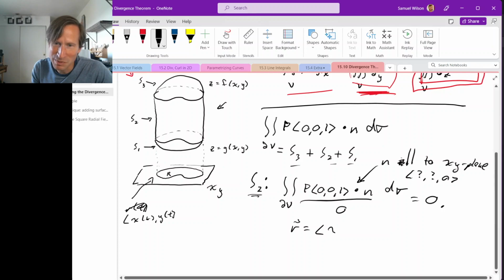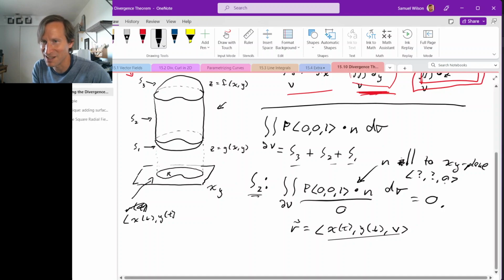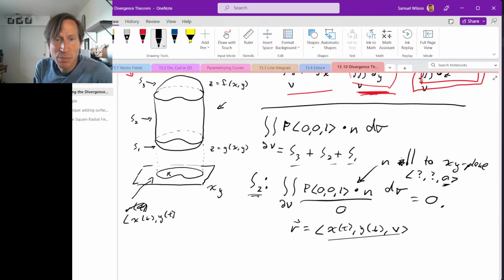The x coordinate would be x(t), the y coordinate would be y(t), and then because we need a cylinder sitting above this boundary curve, we just have another parameter. So this parameterizes S2, and if you work out the normal vector, you will find that this coordinate right here is 0.